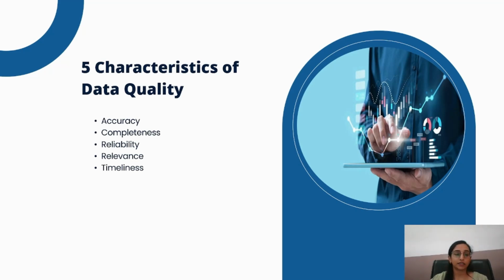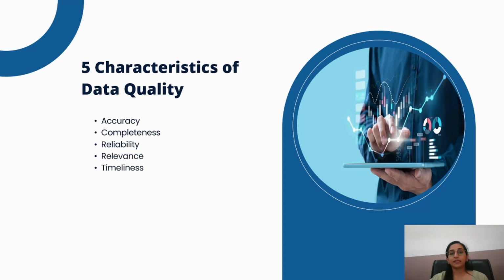And our last characteristic of data quality is timeliness. As the name implies, it refers to how up to date information is. If it was gathered in the past hours, then it's timely, unless new information has come in that renders previous information useless.